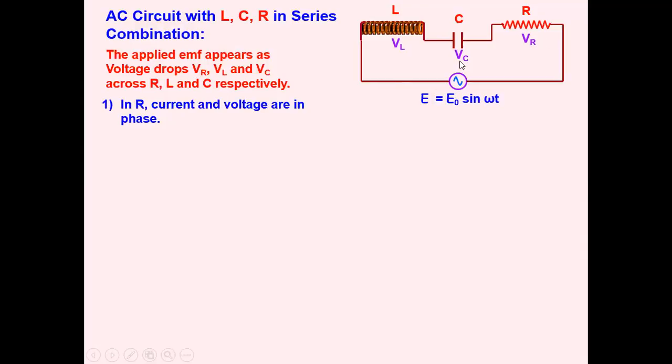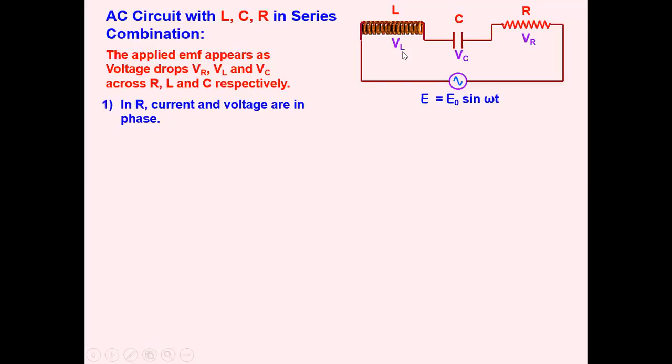Now VC is the voltage across the capacitor, so VC equals current times capacitive reactance, that is, VC equals minus I XC.